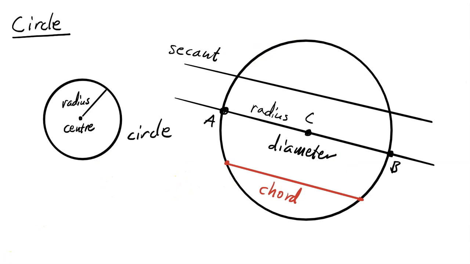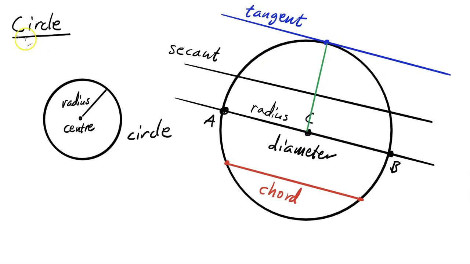If you have a line that only intersects the circle at one point, it's called a tangent to the circle. As a matter of fact, one can show that the radius to that point is perpendicular to the tangent.